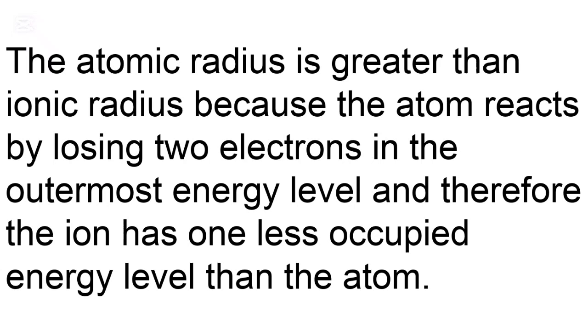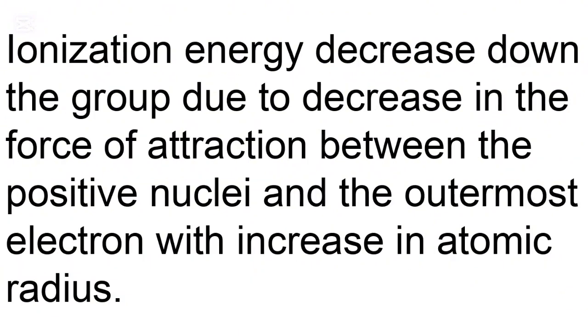The atomic radius is greater than the ionic radius because the atom reacts by losing 2 electrons in the outermost energy level, and therefore the ion has one less occupied energy level than the atom. The ionization energy decreases down the group due to decrease in the force of attraction between the positive nuclei and the outermost energy level, which is caused by the increase in atomic radius.